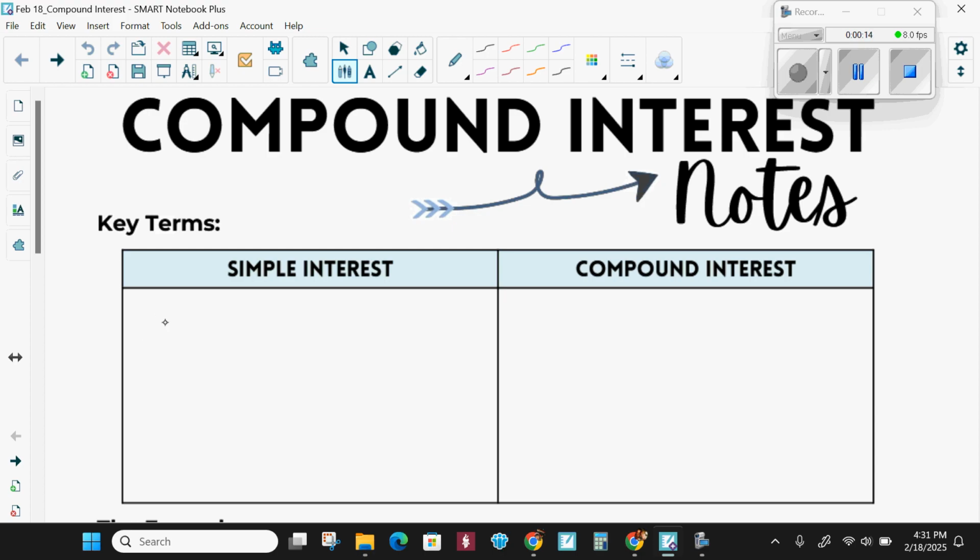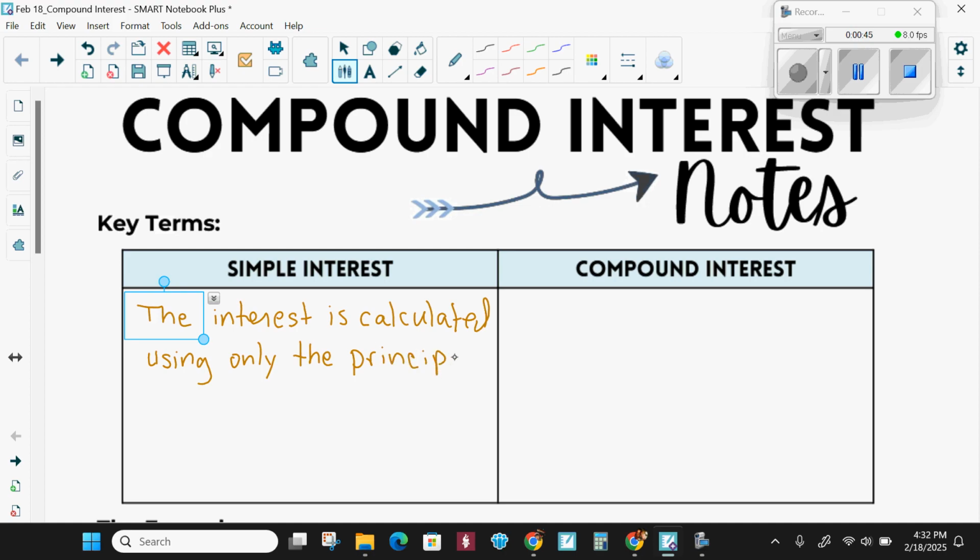So simple interest you learned back in 7th grade, I believe, and that means the interest is calculated using only the principal amount. Okay, and this is done per year.